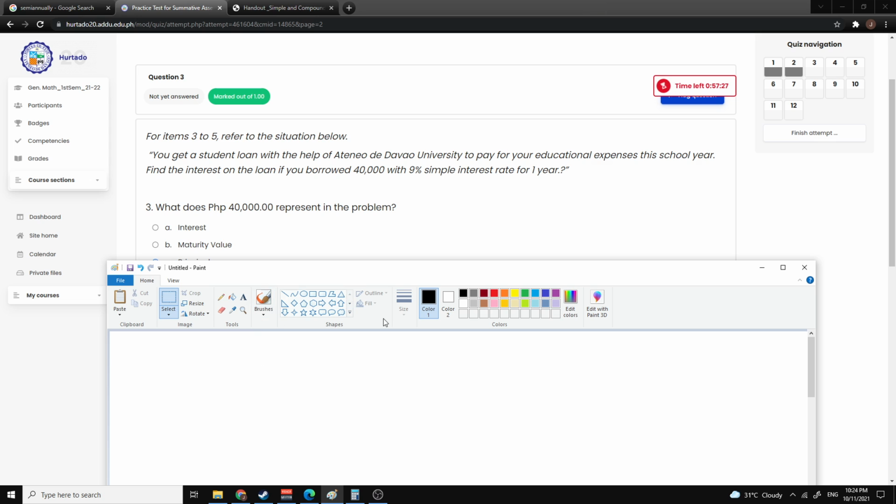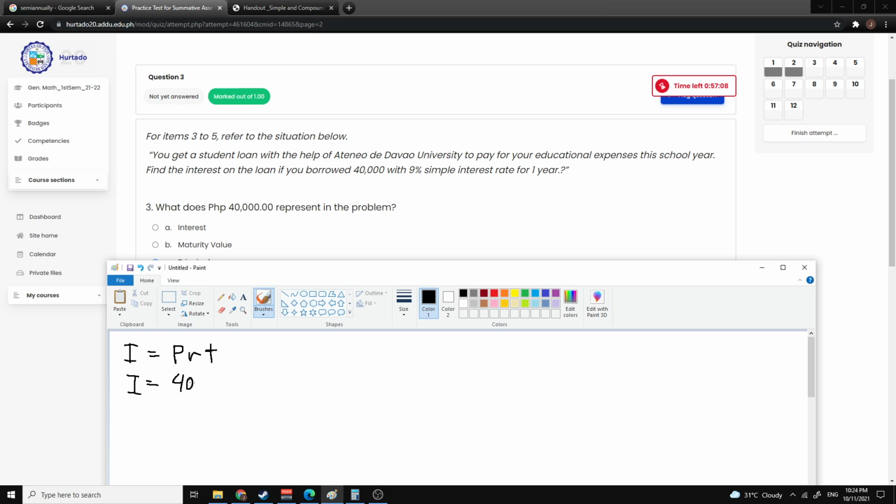So this is just simple interest. The formula for simple interest is equivalent to the principal times rate of interest times time. So now we just have to substitute the variables.